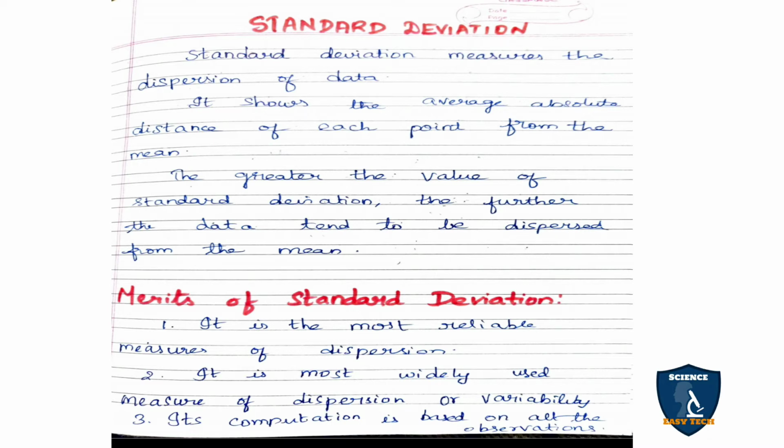It is the most reliable method. You have quartile deviation, mean deviation and others, but the very standard method of calculating, which most of the time we use, is standard deviation, because it is reliable, you can rely on it, it is accurate, and it is the most widely used measure of dispersion or variability.